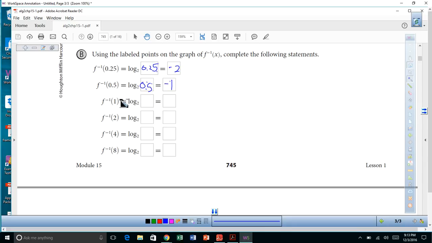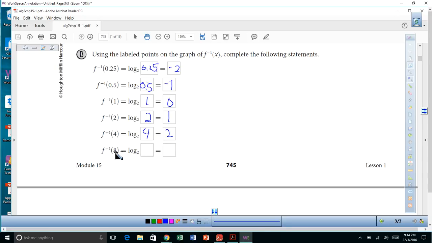And the inverse of f of 1 equals log base 2 of 1, and that equals 0. The inverse of f of 2 equals log base 2 of 2, and that equals 1. The inverse of f of 4 equals log base 2 of 4, which is 2.